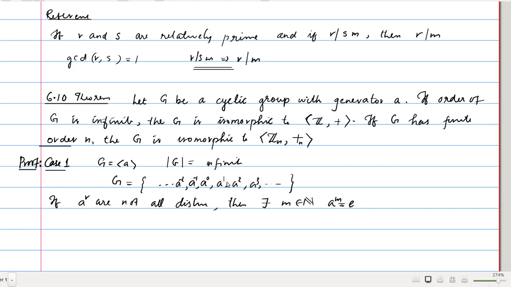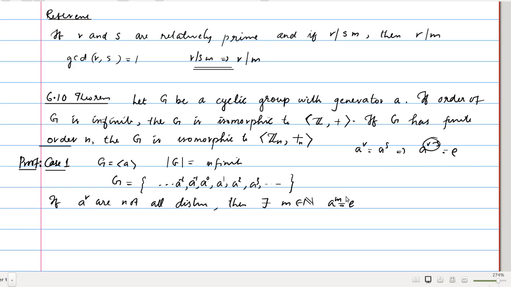Because if these A raised to R's are not all distinct, then we can get A raised to R equal to A raised to S for some S, and if R is greater than S, then A raised to R minus S is equal to identity, and this can be taken as this M.